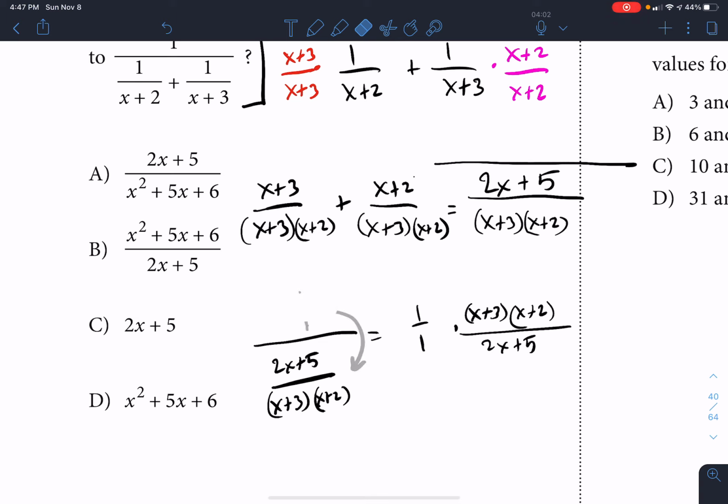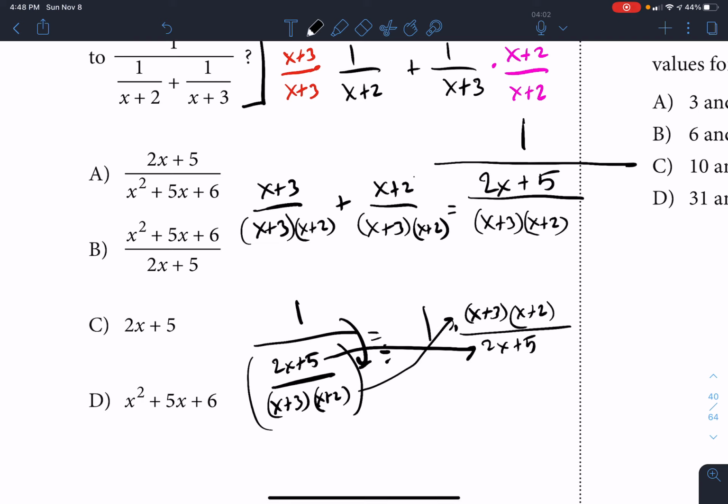So if you're one of those people, you can leave it as a 1, and you're just taking one divided by this fraction, and when you divide by fractions, you can just multiply by the reciprocal. And we know 1 times that is equal to itself, so our answer is equal to x plus 3, x plus 2 over 2x plus 5.